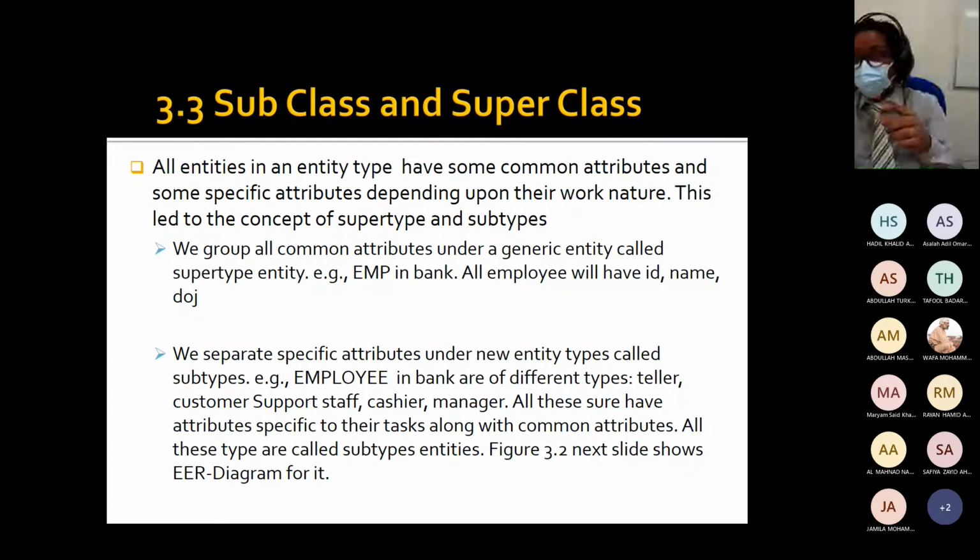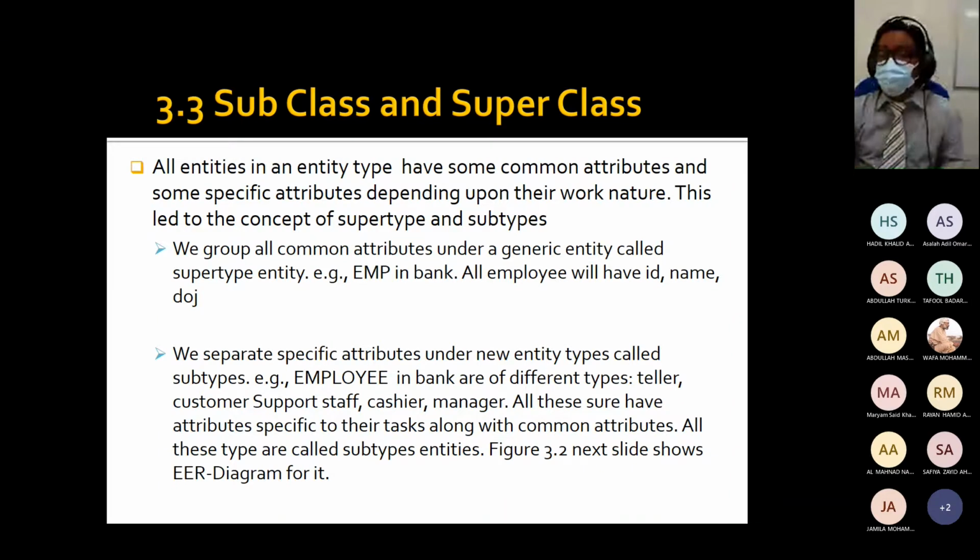The other one is supertype because they have all common attributes. They will be there on one specific generic entity. And if those attributes are not common to each one of them, because it depends on their nature of work, we separate them into a new entity. So we call that one a subtype.